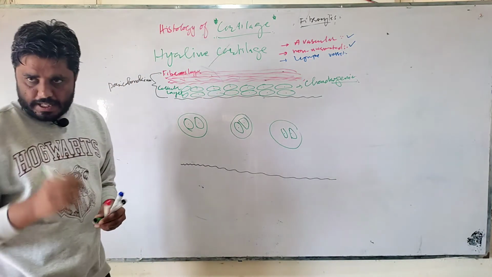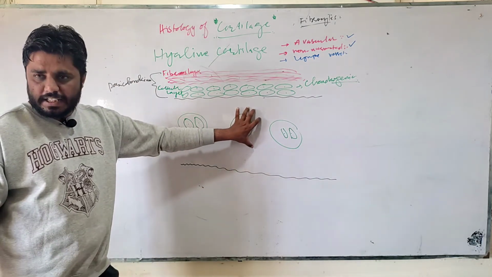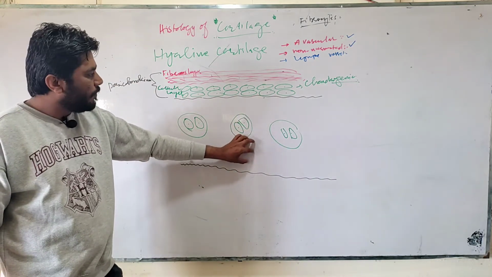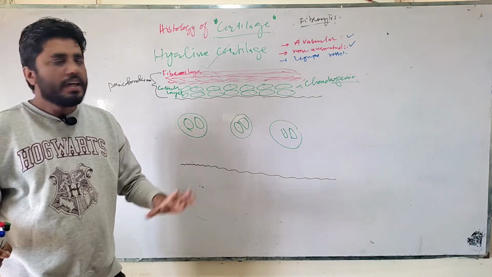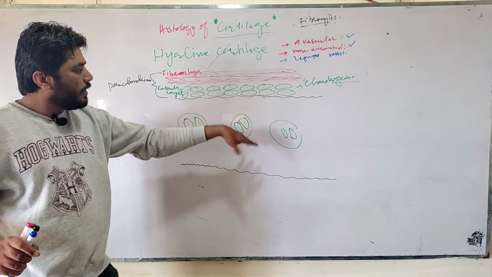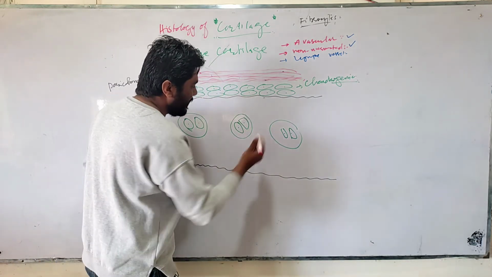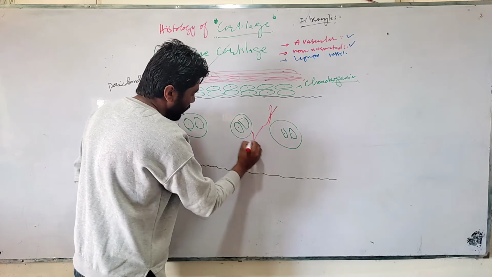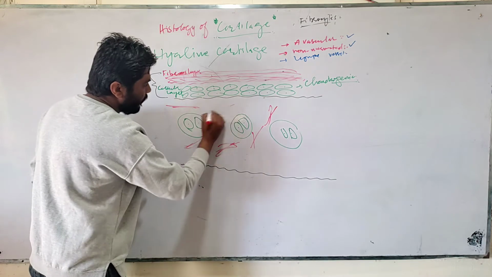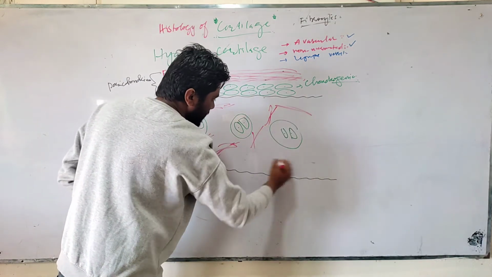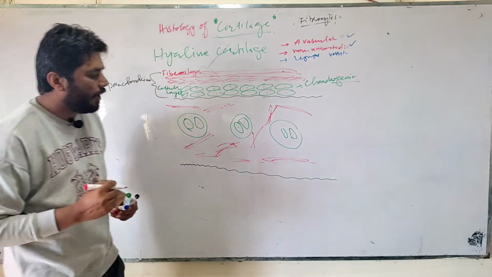Because this is hyaline cartilage, you will definitely find chondrocytes, and you will also find many fibers. Simply put, you will find matrix and cells.